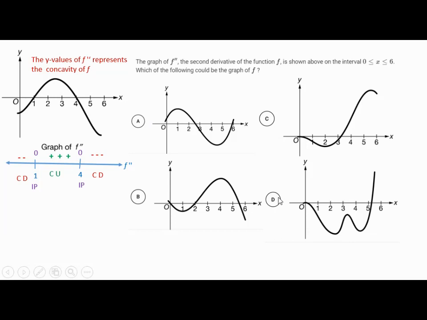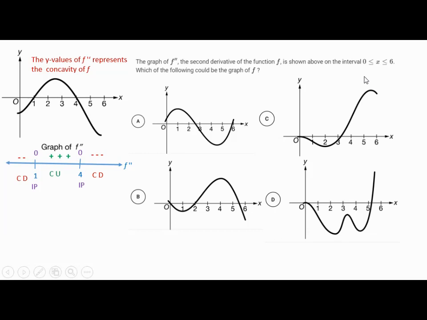Now, C and D are left. So, if I look at C, if I follow this curve, you can see it's concave down to about here at 1, and then here it's starting to change to concave up. And then it's going to change its concavity again to concave down. So concave down, up, down.